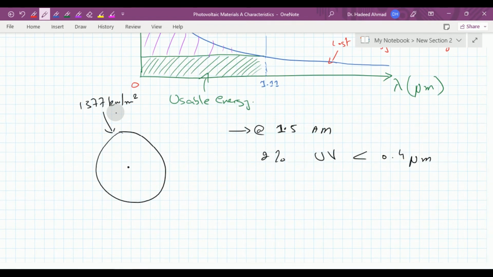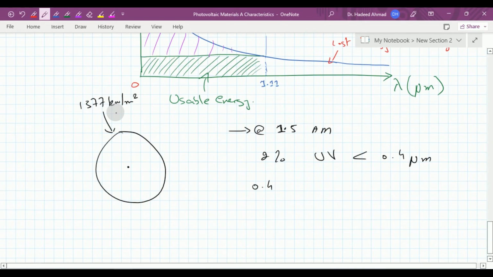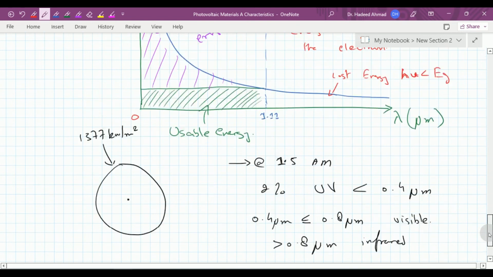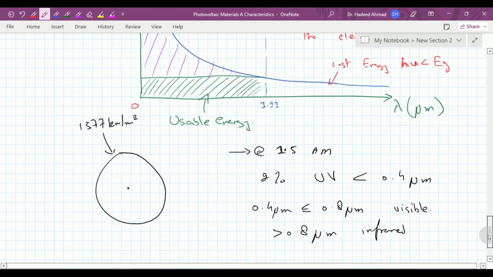Then from 0.4 micrometer to approximately 0.8 micrometer we have the visible range, and greater than 0.8 micrometer we have the infrared.